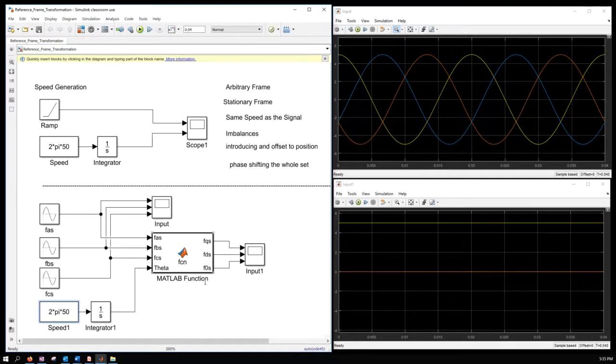When you are saying when we influence the DC-like signals, all those DC-like signals are hypothetical. They are only in your computer. They are not in your system, right? So what you're basically doing is you're taking your actual AC signals and you are converting them to a new reference frame. So that means you're only looking at them from a different perspective so that it looks like DC, but you're not influencing your original signals.